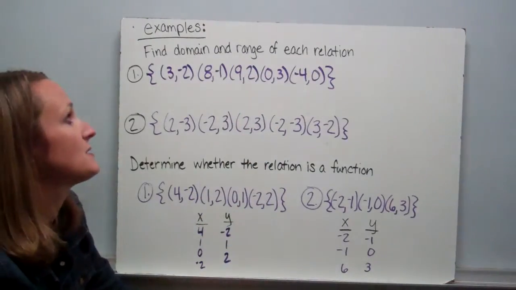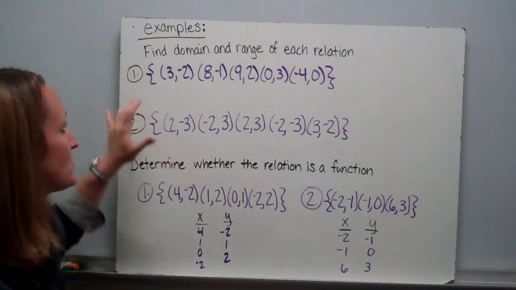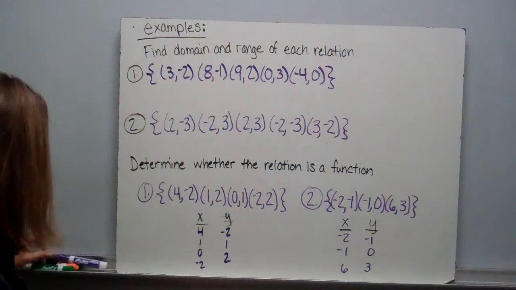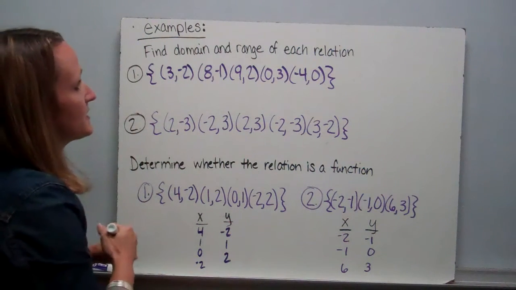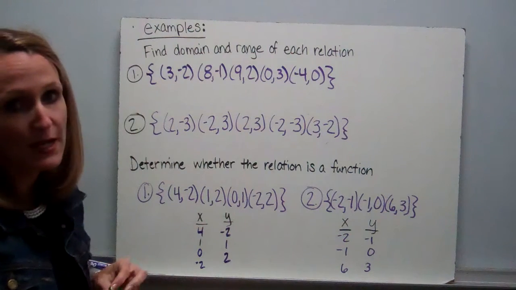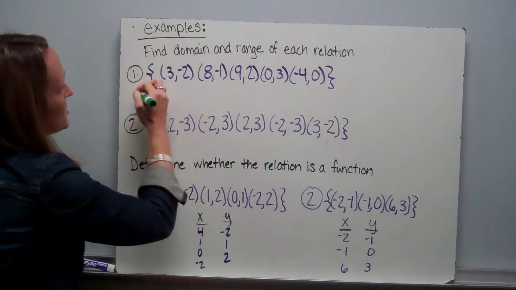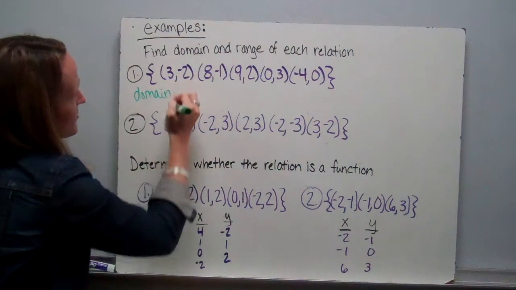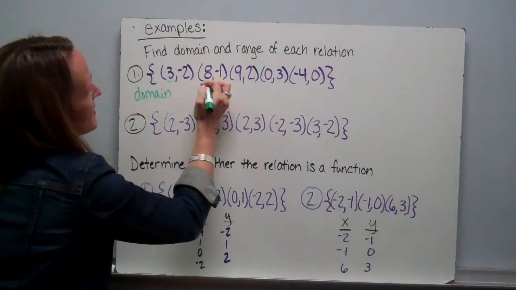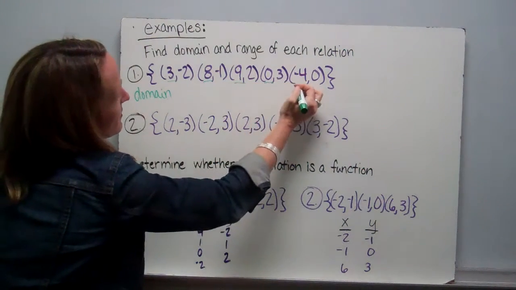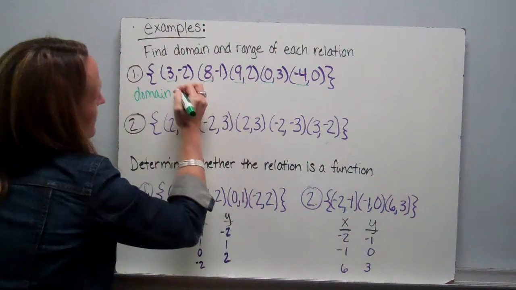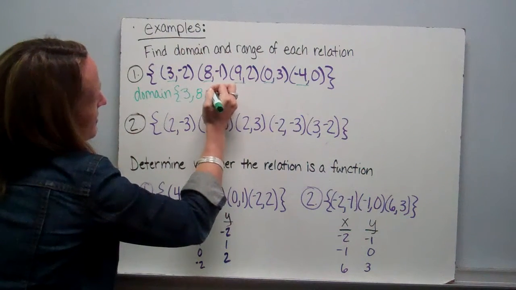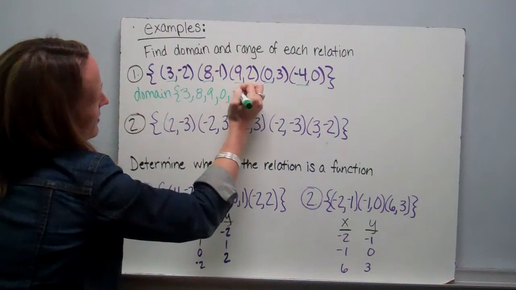Alright, so let's find some examples. For these first two, I just want to list the domain and the range. Remember that by domain, I mean what are the x values. For range, I mean what are the y values. So if we list the domain, talking about the x, so the 3, the 8, the 9, the 0, and the negative 4. And we can write it like this: 3, 8, 9, 0, and negative 4.